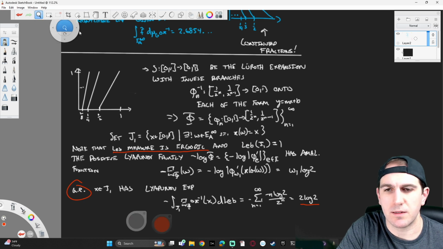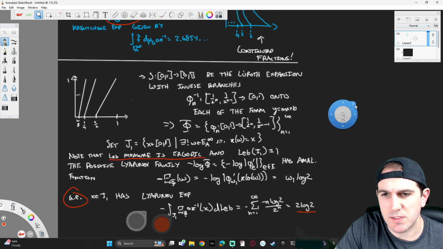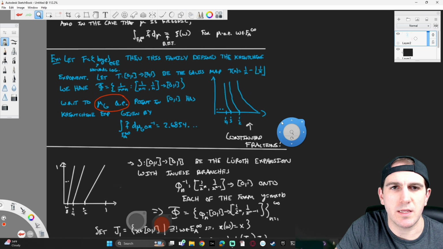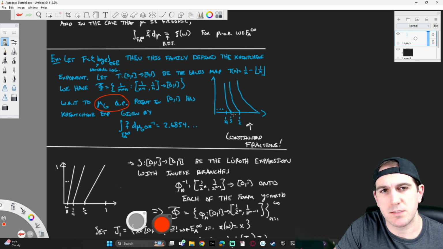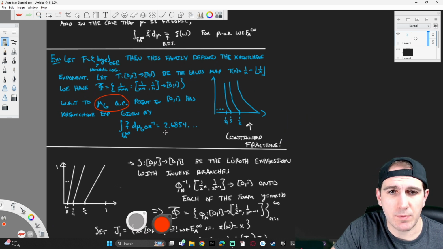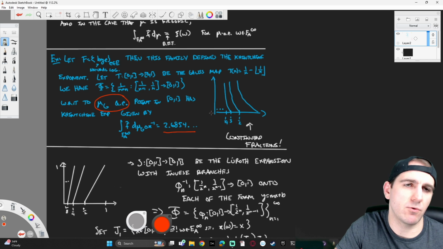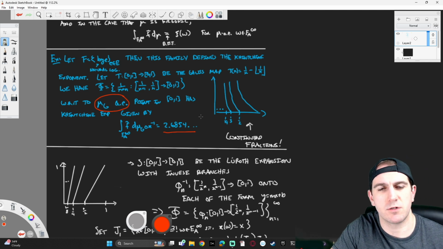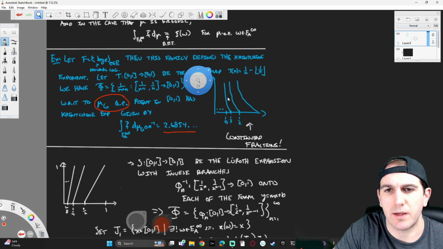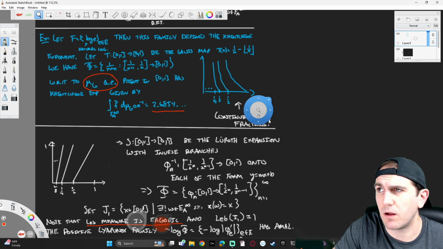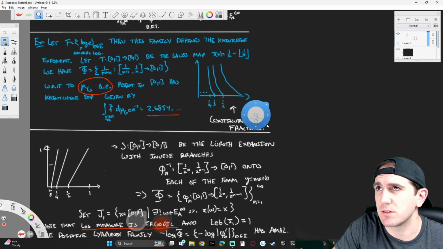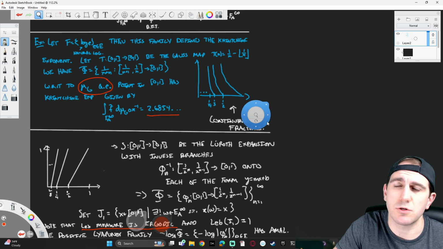So in the case of the Lyapunov exponent of this Liouville expansion, it was 2 log 2. The Khinchin exponent of the Gauss map was about 2.6854, and there's a better approximation of that number somewhere out there, I guess in Fan et al., the paper that I reference, or that my work is a generalization of.